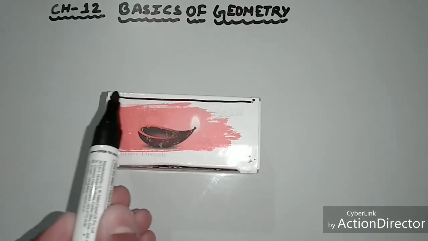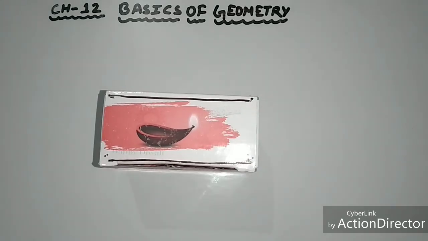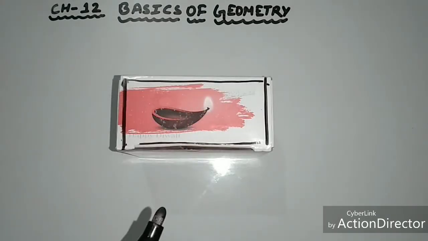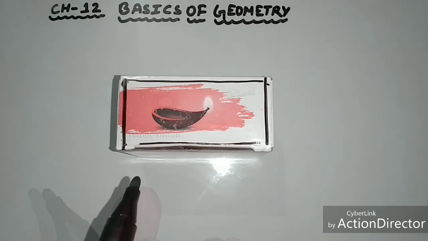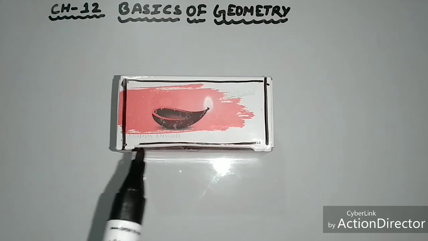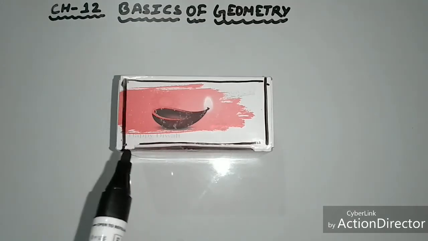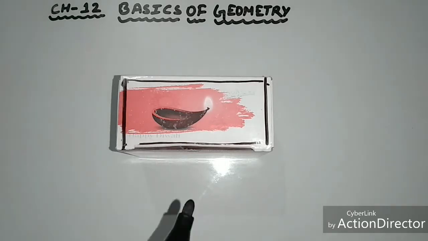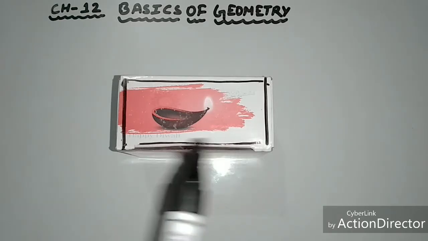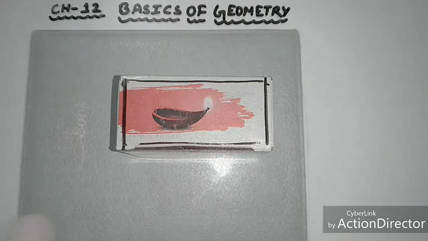This line segment and this line segment are parallel to each other, and these both sides are also parallel to each other. This box also shows perpendicular line segments, like this line segment and this line segment perpendicular to each other. Here this line segment is perpendicular to this line, and this line segment is perpendicular to this line.